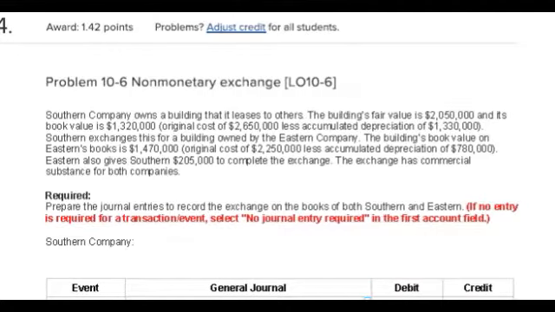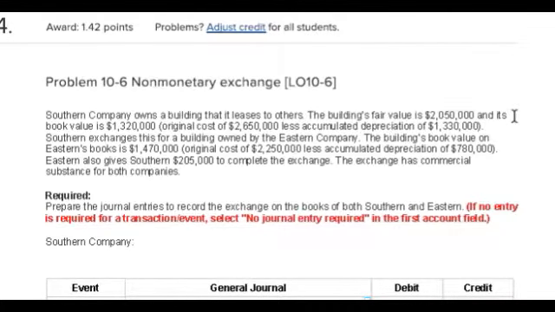That tells you that the value this Southern Company is getting is actually 2.05, the fair value of its own building, minus 205,000. Because why would this company give up $2.05 million worth of building for something less?